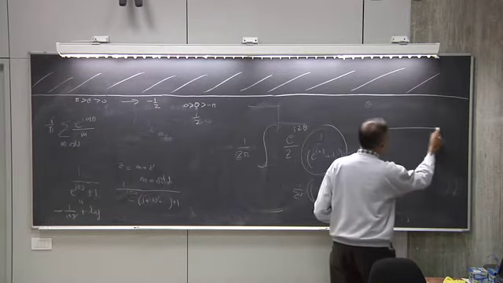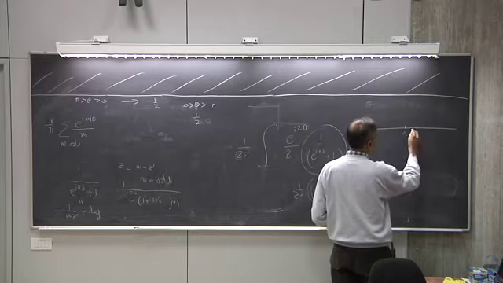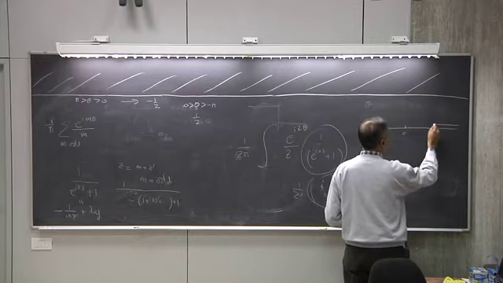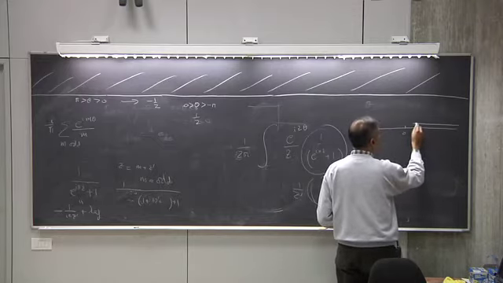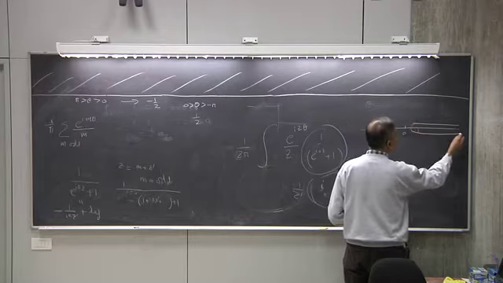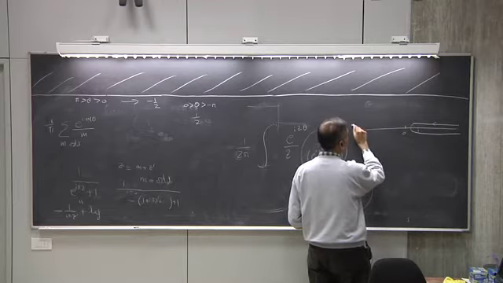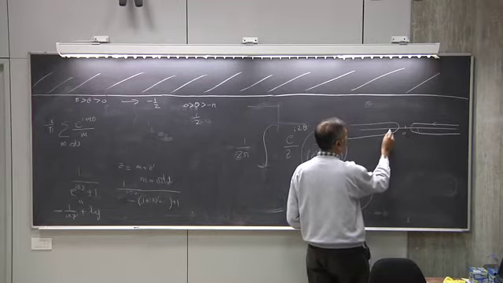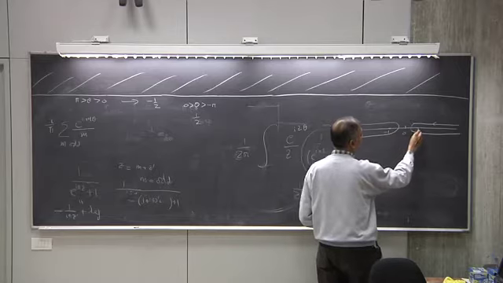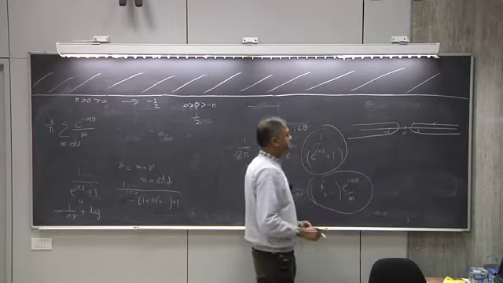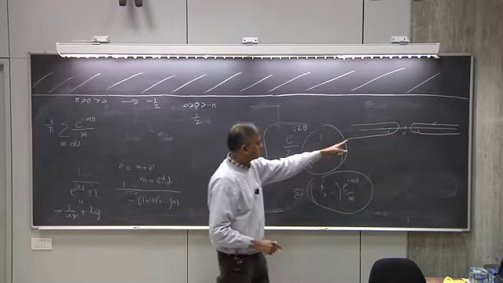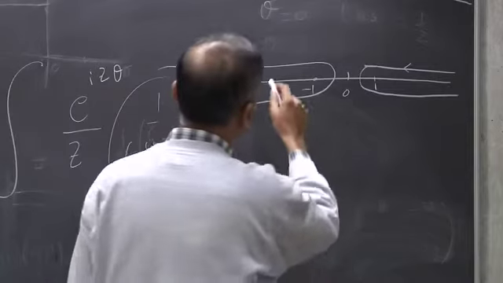Let's see. I want to take a contour. Here is my 0, and here is my 1, let's say. Take this contour like this, counterclockwise, and similarly here is minus 1, plus 1. So this contour I consider.